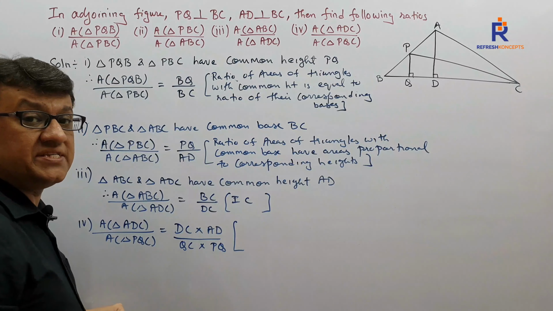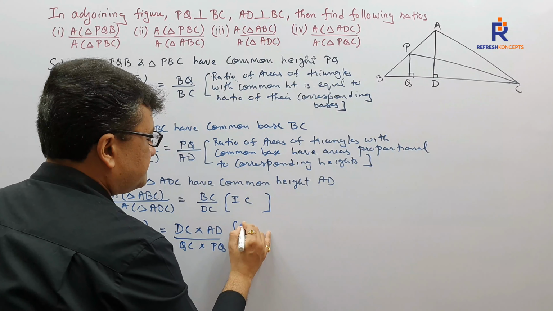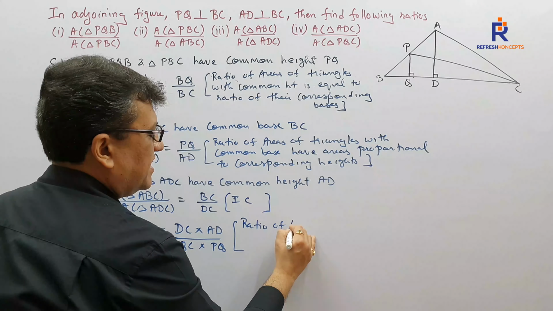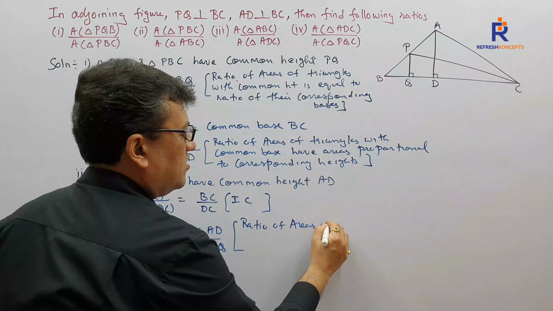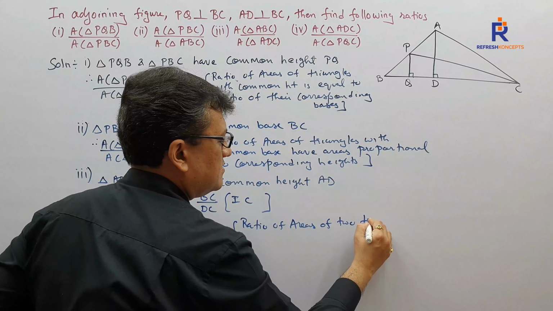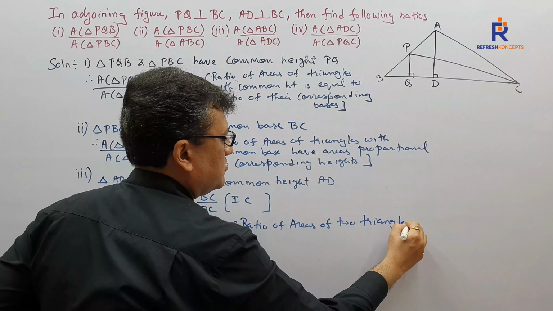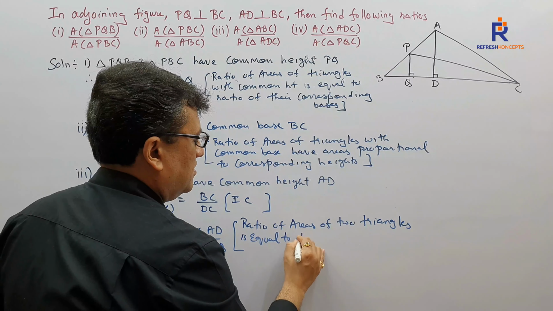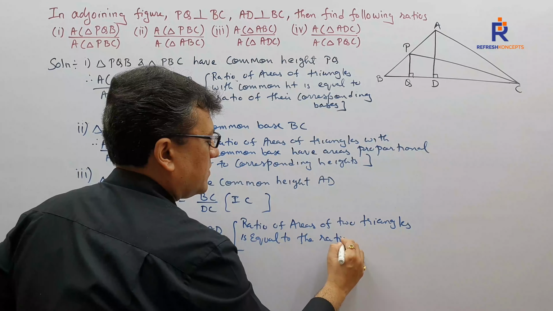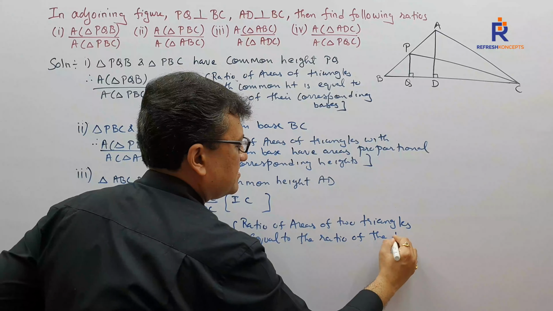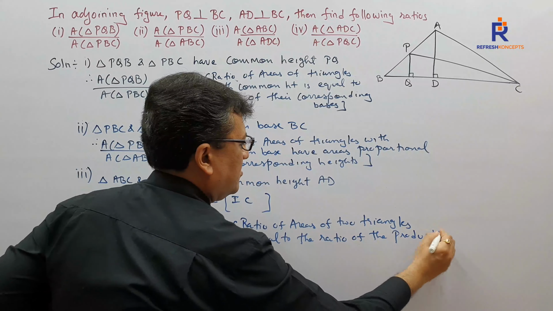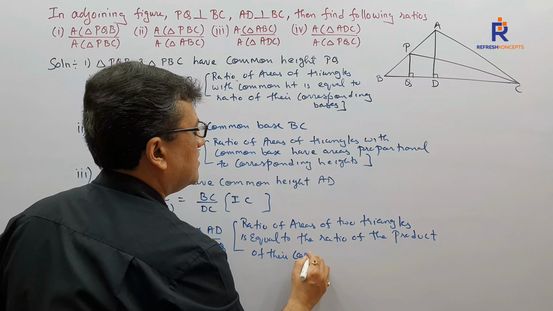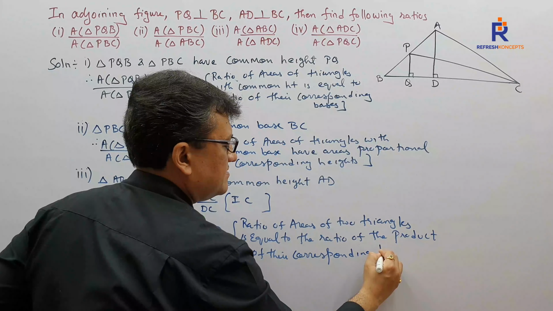I shall write down the reason as 1A: the ratio of areas of two triangles is equal to the ratio of the product of their corresponding bases and heights.